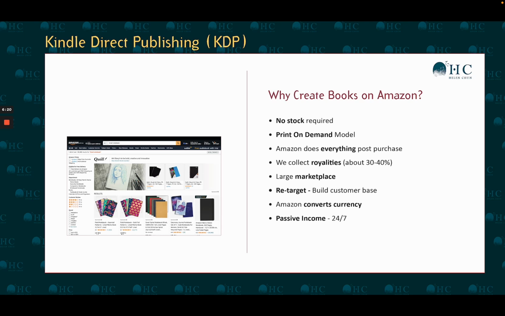So you've got an existing customer who already has bought from you and loves your work. So you can retarget them to sell them more of your products, your books. Okay, and great thing is you don't have to worry about converting currency if you're selling on a global stage. It's also passive income. You create a book, you upload it, and it's there to be bought 24/7.